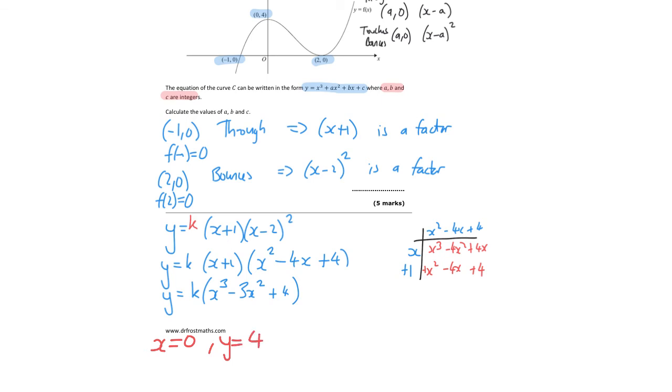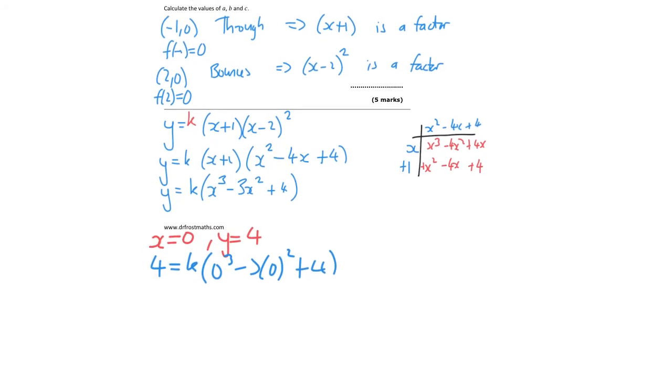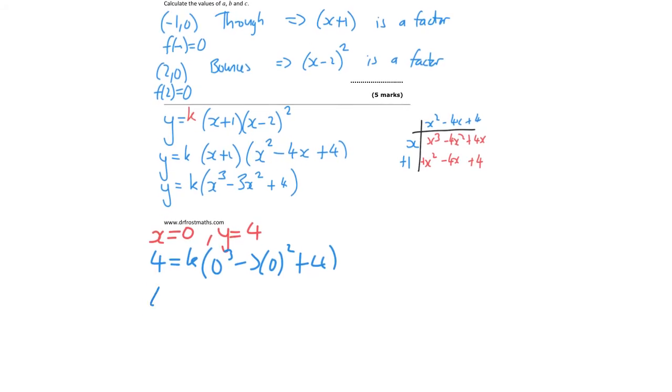If we sub that in, I get 4 equals k lots of 0 cubed, take away 3 times 0 squared, plus 4, which simplifies to 4 equals k times 4. So very quickly you can see k is just 1. So therefore y is equal to x cubed minus 3x squared plus 4.